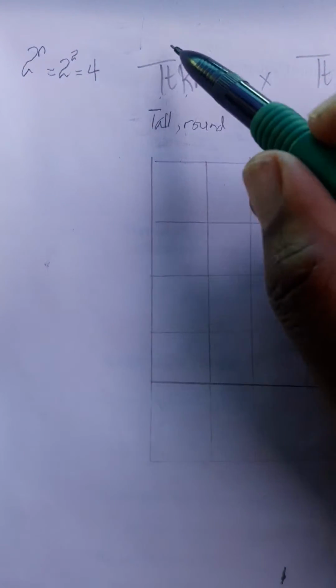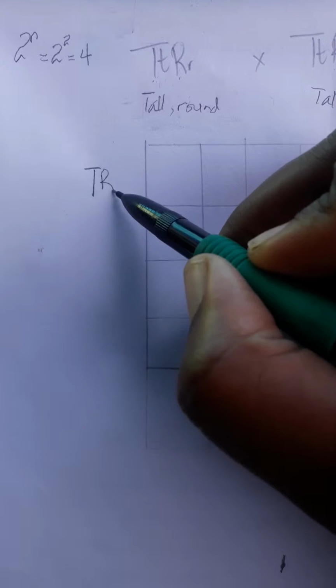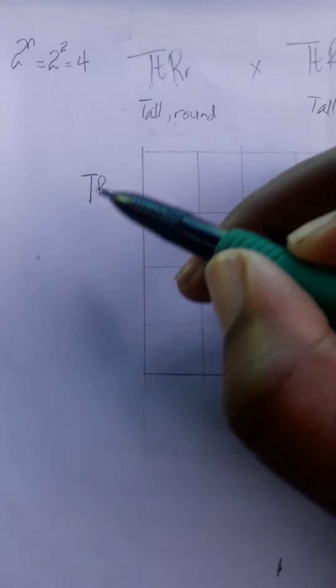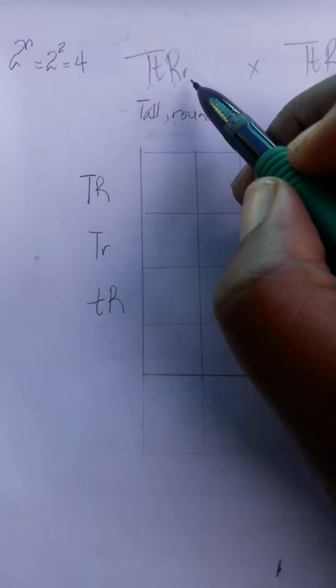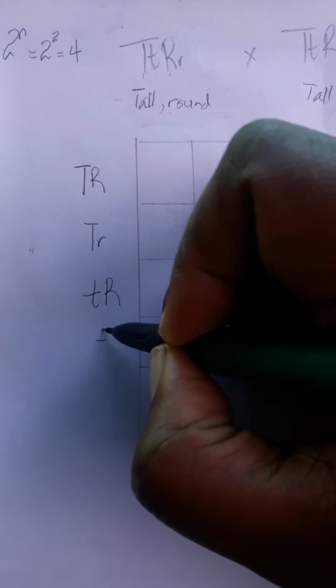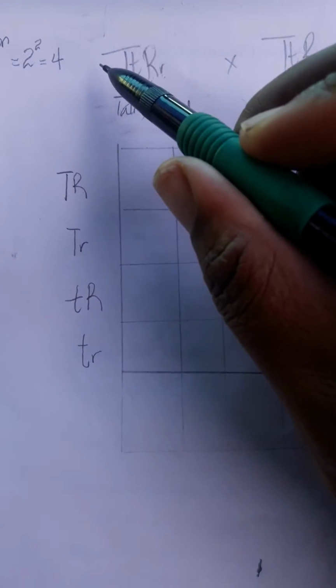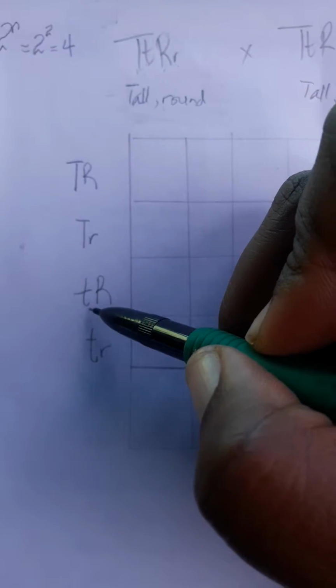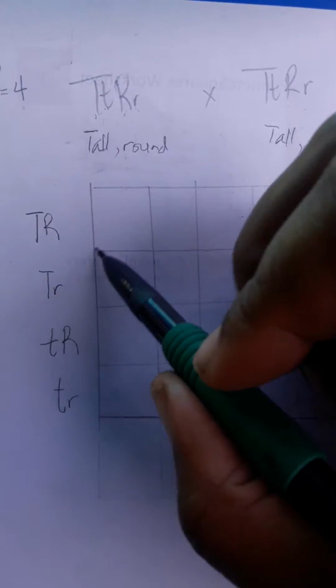So what we would get at the end of the day is T R. T can go with that, so that's T R. This little t could go with this big T to give us T R. This little t can go with that little r to give us T R. And clearly, if this parent gives us these 4 alleles as expected, then it is true for the other parent because it's the same genotype.